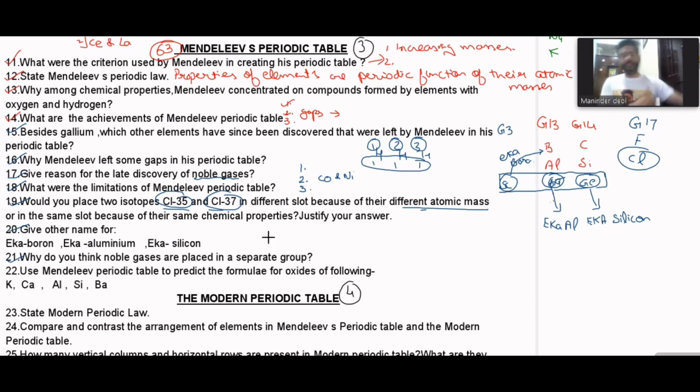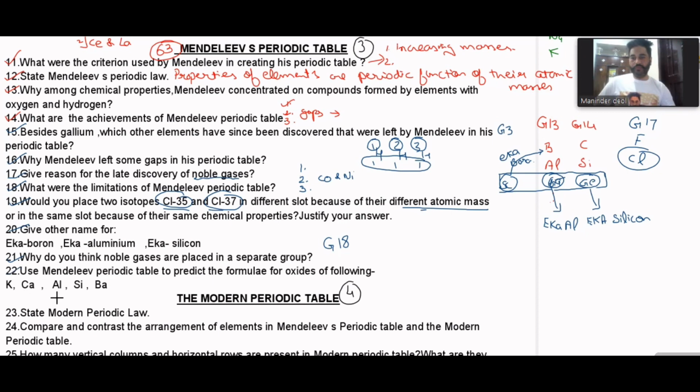Because the valence shell of noble gases is already complete. They have valency 0, so they are placed in a separate group. They do not interfere with other elements. In the modern periodic table, noble gases are placed in group number 18.